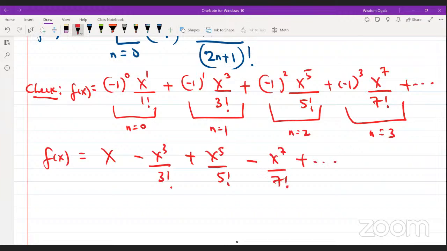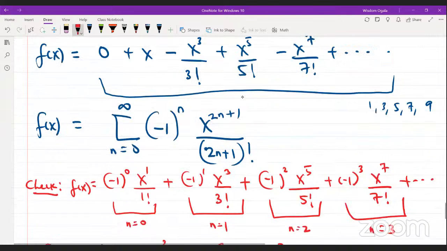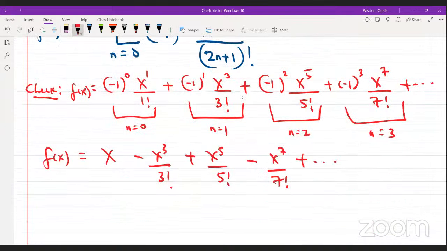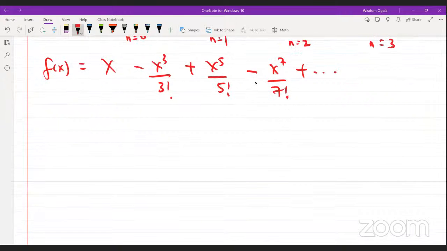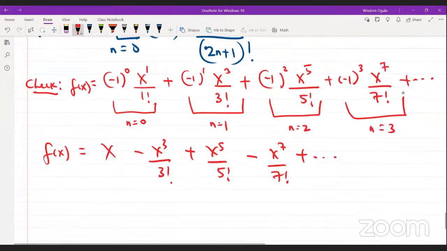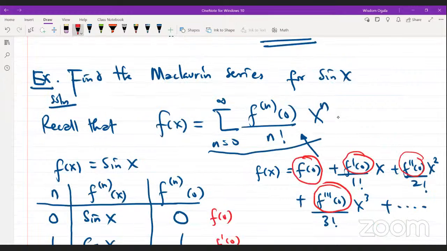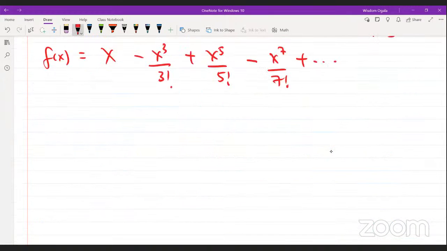Whenever you find a closed form solution, you always need to ensure that it is actually correct. The same way, this is for sine, so you can also do the Maclaurin series for cosine. Keep that in mind.